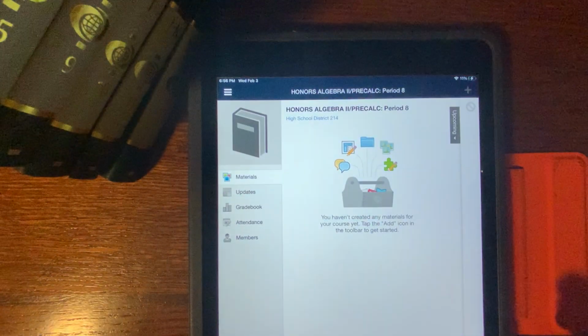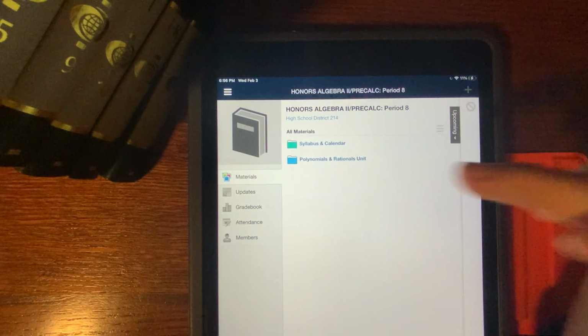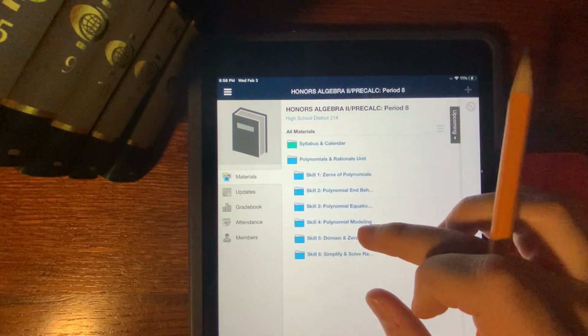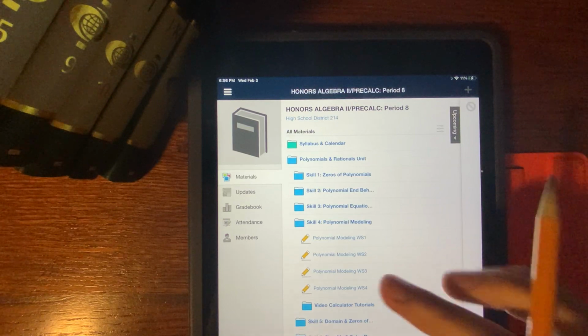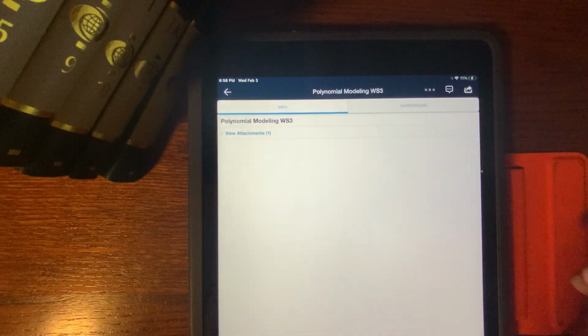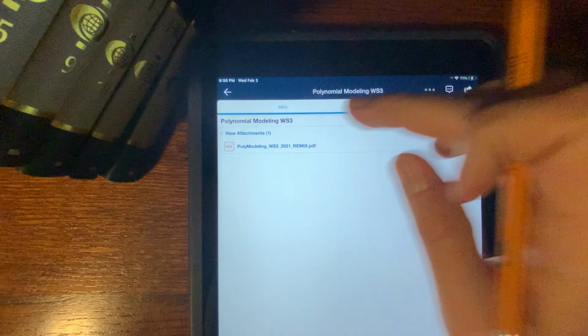So we're going to go to Schoology. Let's refresh all this business. Skill 4, and again, the goal is to get worksheet 3 done next time. Let's take a look at some of these problems, see what we can do here.